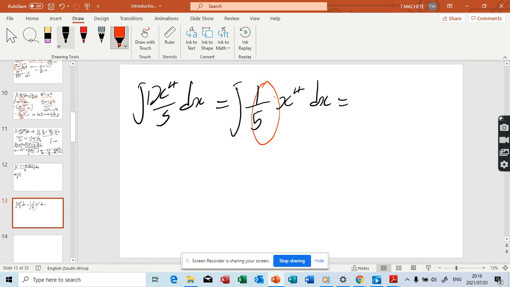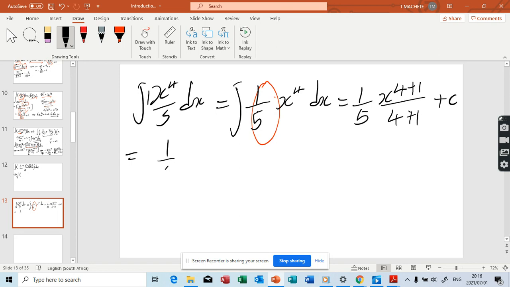So ignore the constant, we will write it as it is. It's 1 over 5. Then x to the power 4, you deal with this 4: x to the power 4 plus 1 over 4 plus 1, plus c.